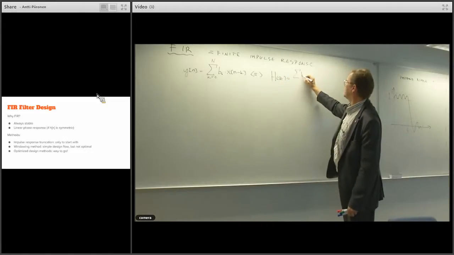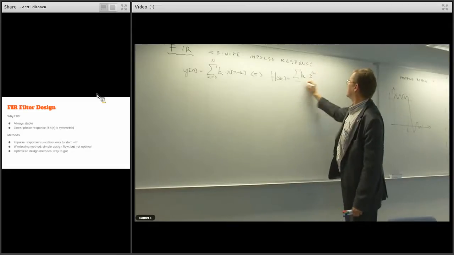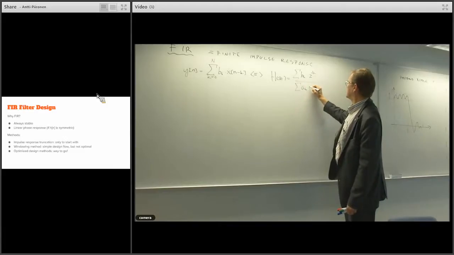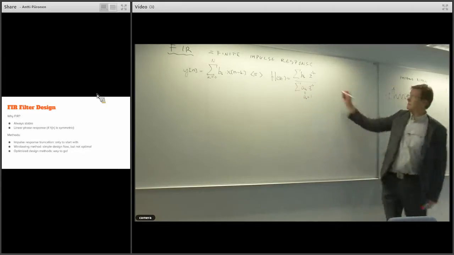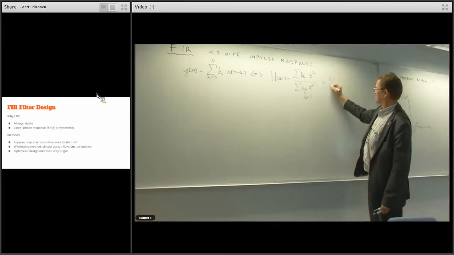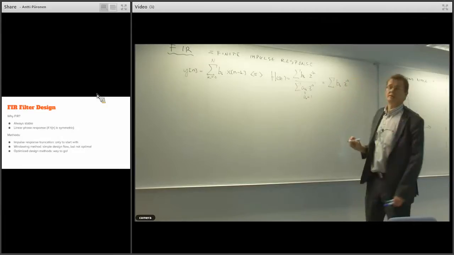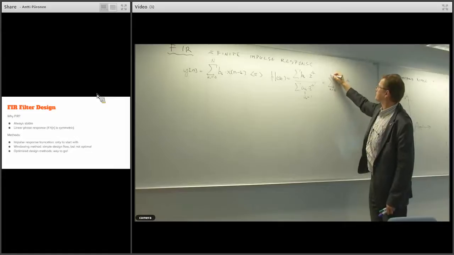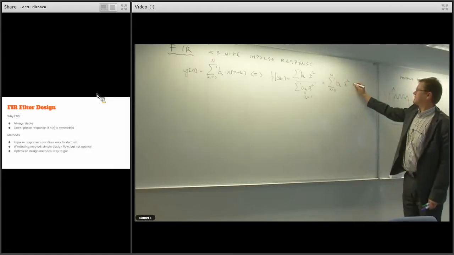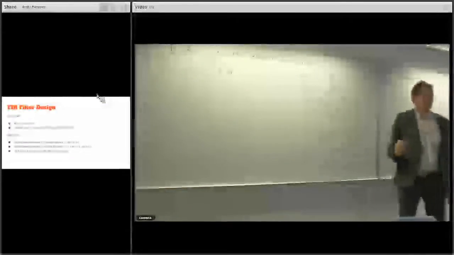It has the sum of b_k times z to the minus k divided by a_k z to the minus k, and here only a_0 is 1, other terms are 0, so it is simply the sum of b_k times z to the minus k, which happens to be also the Z transform of the impulse response.